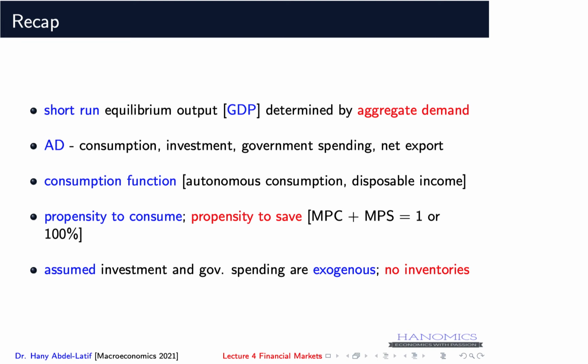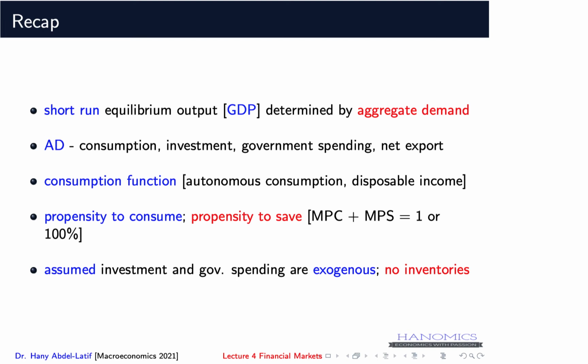Autonomous here means it doesn't depend on income, and we call that C0. The other component mainly depends on disposable income, and is positively related to it. We explained that disposable income means income minus taxes and government transfers, so basically what is available to be spent on goods and services.